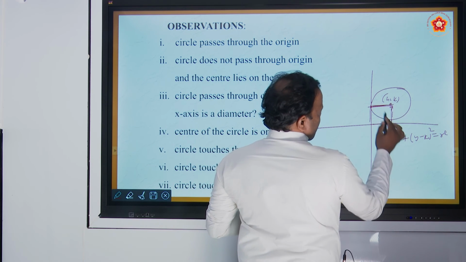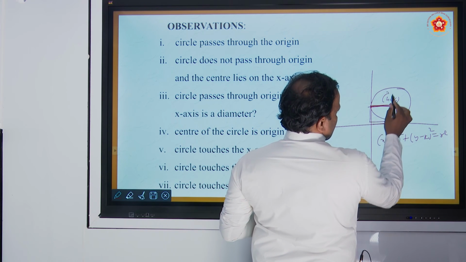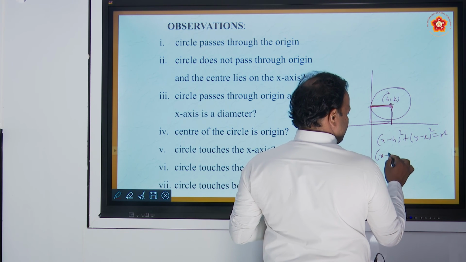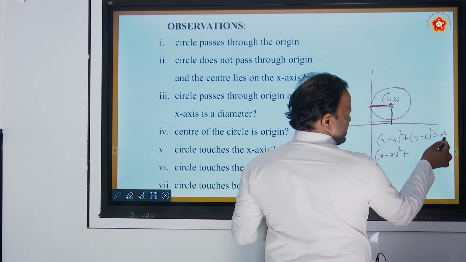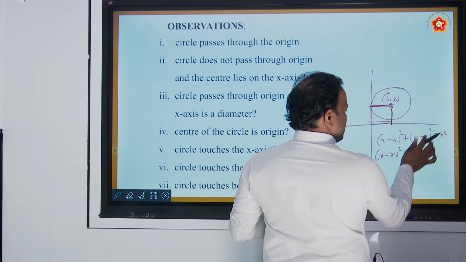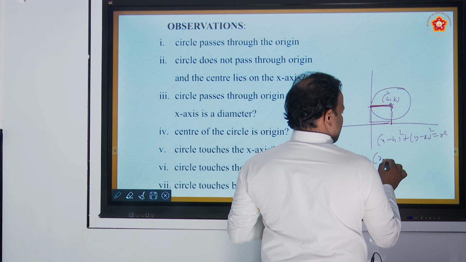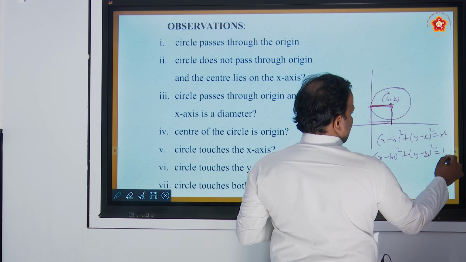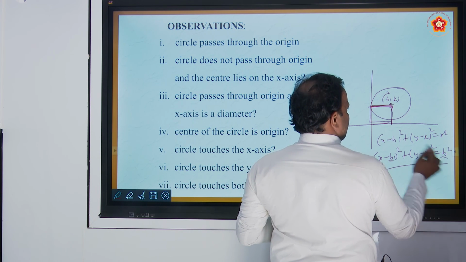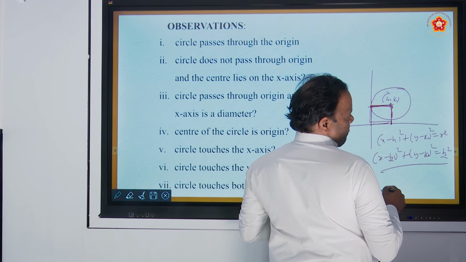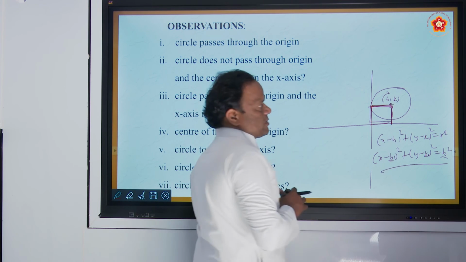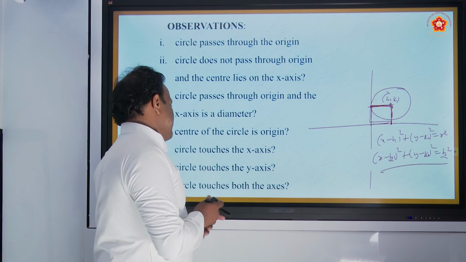Radius is nothing but h. Instead of r you write h, so it is h square, or instead of h you write r, because h is nothing but r. Then simplify, and we get the equation of the circle that touches the y-axis.